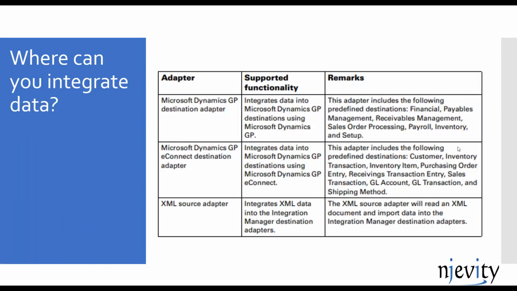The biggest adds on your eConnect destination adapter are that you have some fixed assets, and I don't know if they actually have that on this list here, but you've got POs, sales orders, quite a few additional options. And then your plain GP destination adapter says that you can go into financial, payables management, receivables management, sales order processing, payroll, inventory, and setup. So there's tons of stuff that you can actually integrate into.